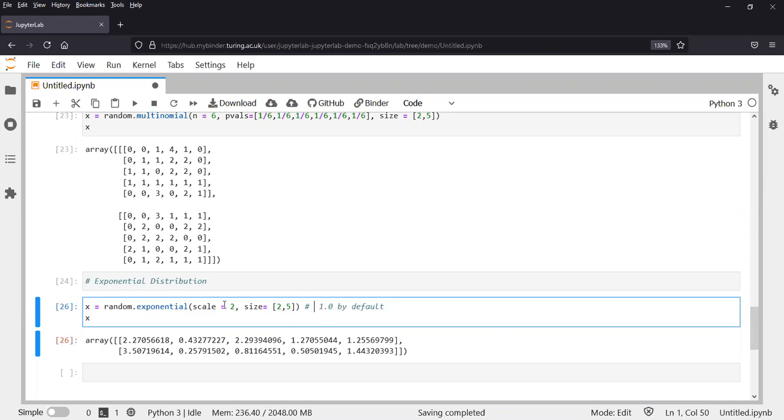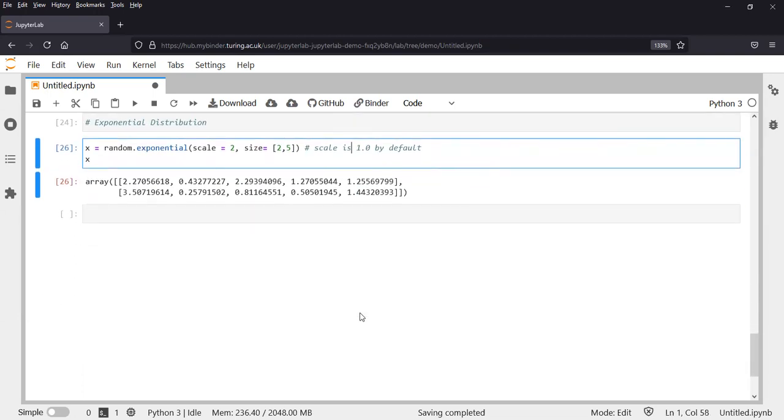If you don't mention the scale, it's 1.0 by default.